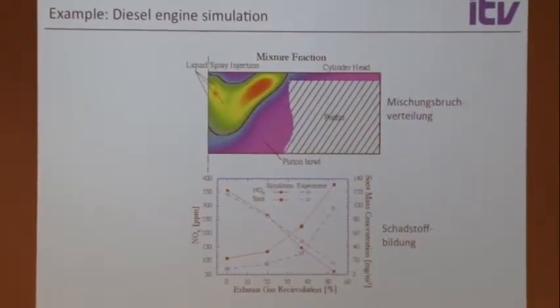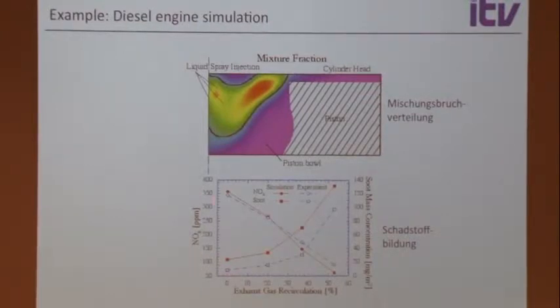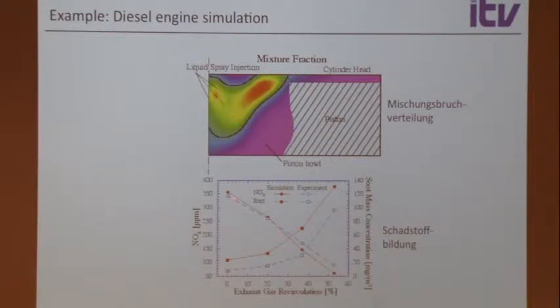This here is then comparison of NOx. So we did different cases here for different EGR rates. The circles are NOx, and so for high EGR, that's the reason why you do EGR, temperature goes down, and you see you get less NOx. In blue here are the experiments, and in red are the simulation, and you see it's almost perfect.